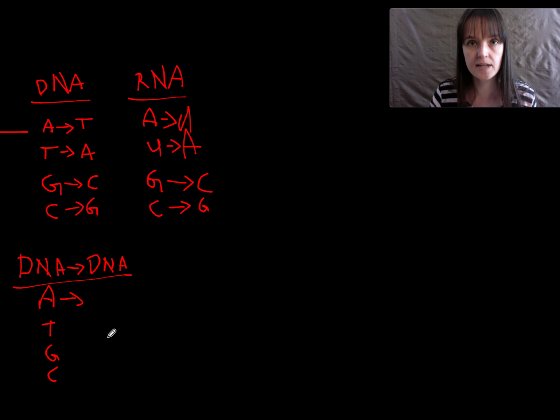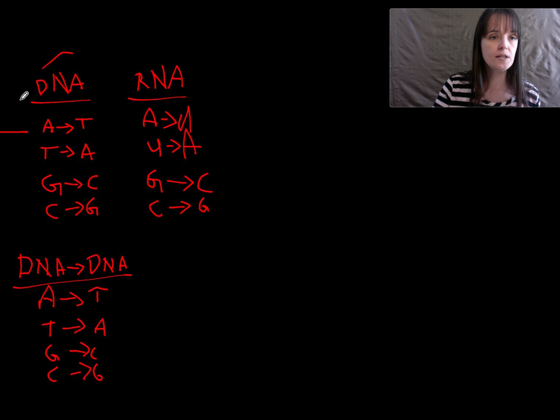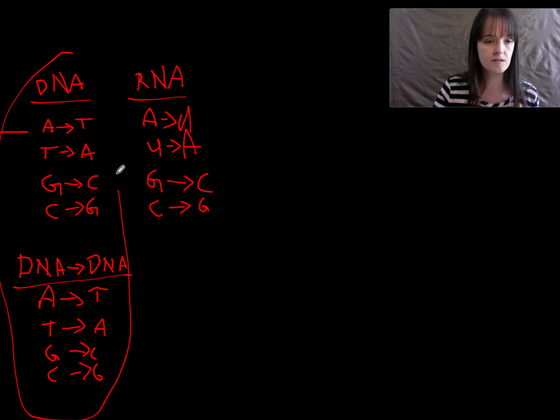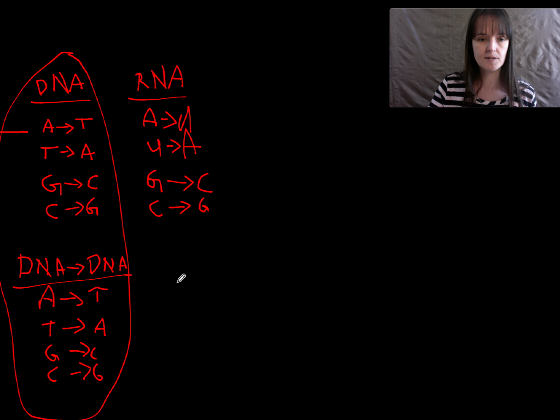What is the A attached to? That's right. And what's a thymine attached to? What's a guanine bind to? A C. What's a C bind to? A G. So these are the same. All right. Let's skip that one, we're skipping one on the note set.